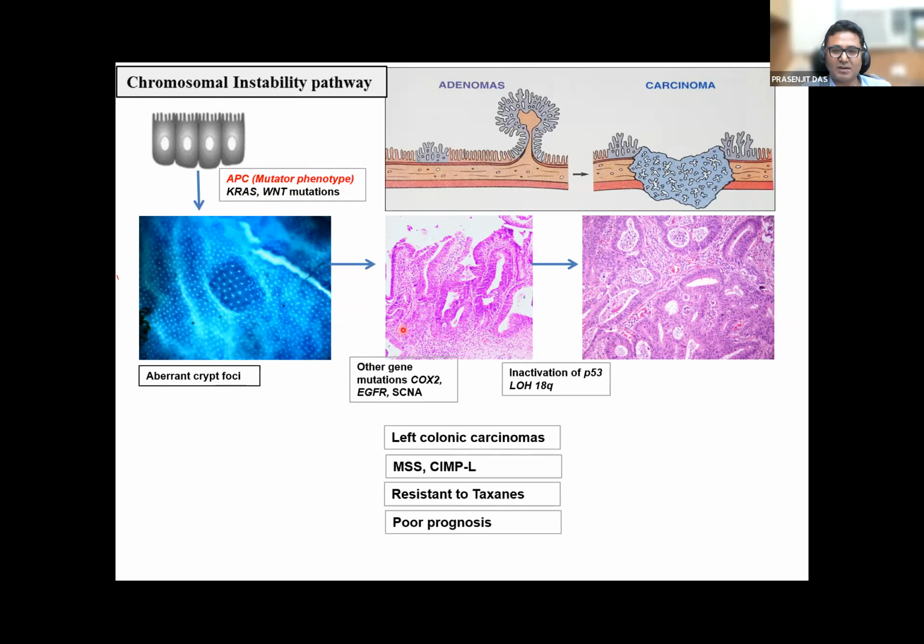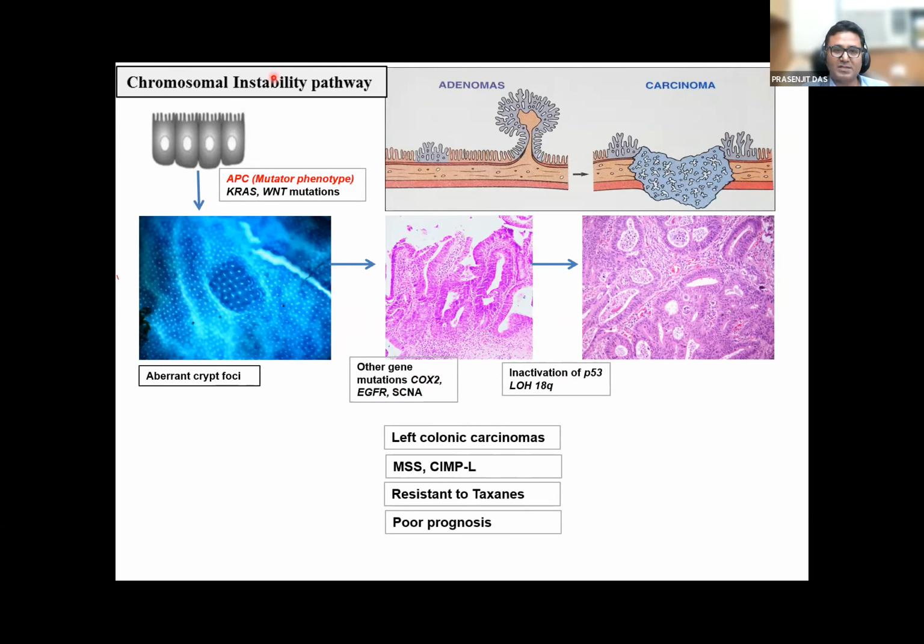And you can see in low-grade dysplasia, high-grade dysplasia, and subsequent development of invasive carcinoma, other genes and pathways are affected. For example, there can be mutations in inflammatory genes like COX2, and EGFR gene mutations. There can be inactivation of P53 and loss of heterozygosity of 18q.